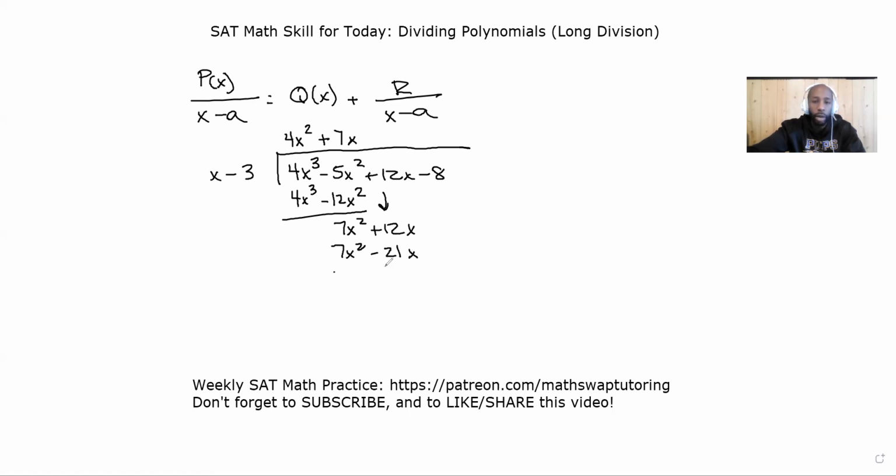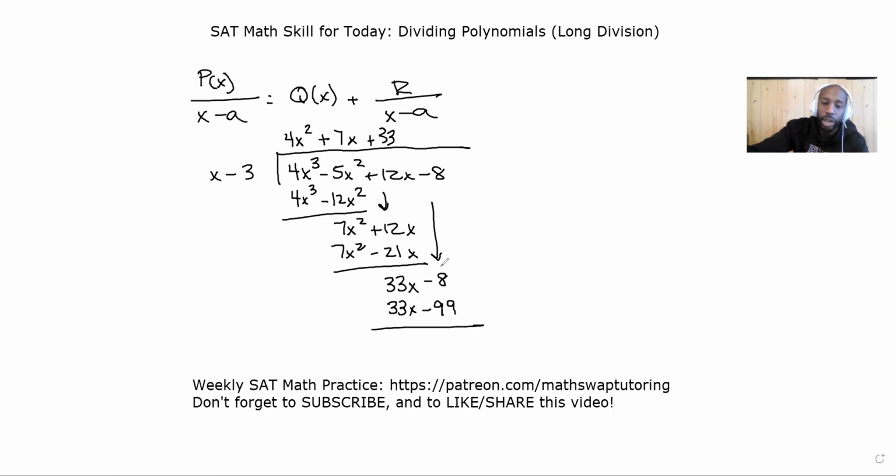All right, 7x squared minus 7x squared is just 0. 12x minus negative 21x is the same as 12x plus 21x, which is 33x. Now you bring this final piece down, minus 8. X goes into 33x a positive 33 times. Then x times 33 is 33x, and negative 3 times 33 is negative 99.